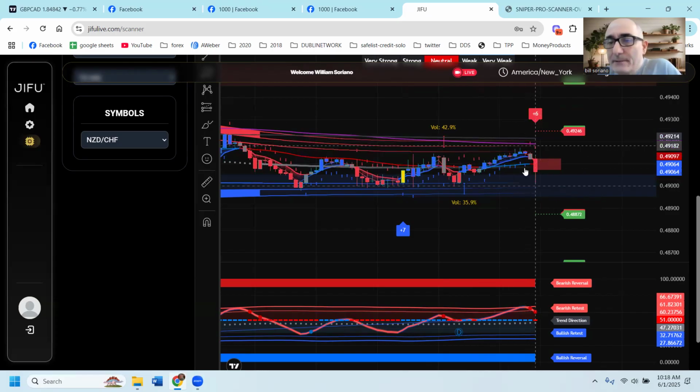I'd also like to see a better candle here, okay? But you do have the +6, you do have the red sniper candle, and you do have the red trend down here. And as additional confirmation, you have the bearish retest, and you have two bearish crossover dots there, or bullets, whatever you want to call them.